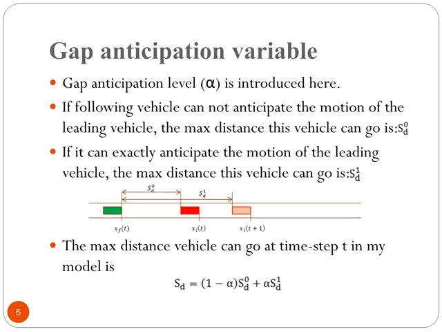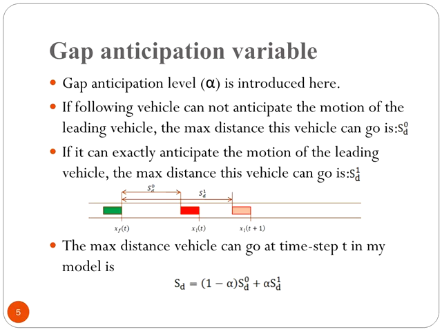Now I will introduce the gap anticipation variable we used in our model. First, if the following vehicle cannot anticipate the motion of the leading vehicle, then the maximum distance the vehicle can drive is SD0, which is briefly illustrated in this simple graph.